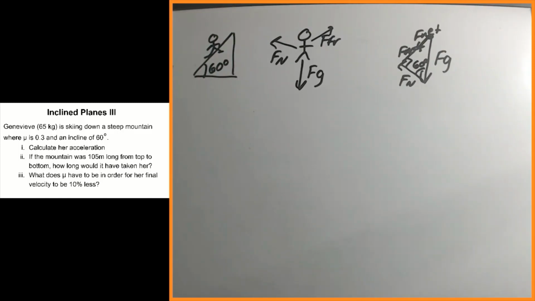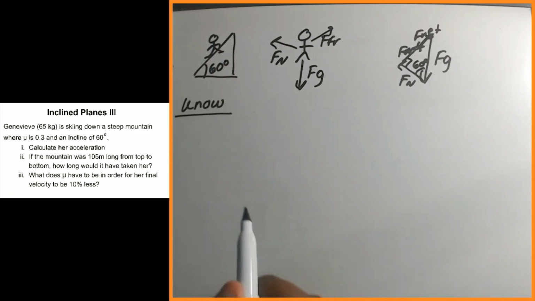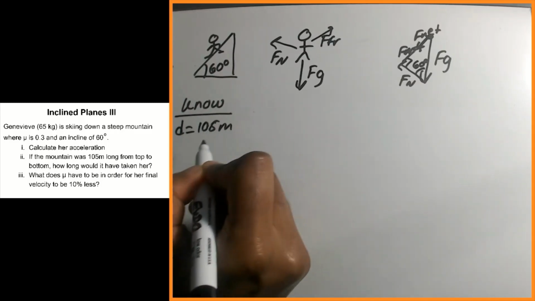Okay, so let's go ahead and start the second question. This one's asking if the mountain was 105 meters long from top to bottom, how long will it have taken her? So this is a pure kinematics question. Let's state what we know and what we don't know, and then figure out how we can find the variables that we don't know. The ones we know: the distance is equal to 105 meters.